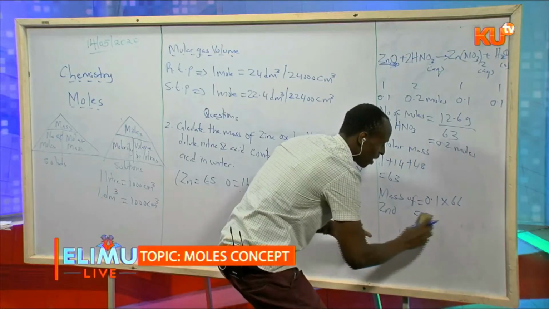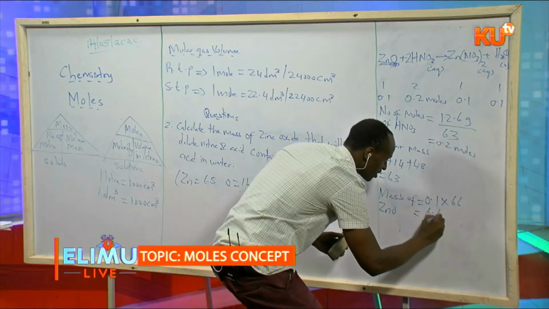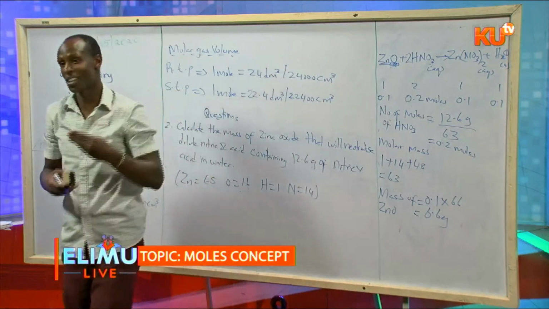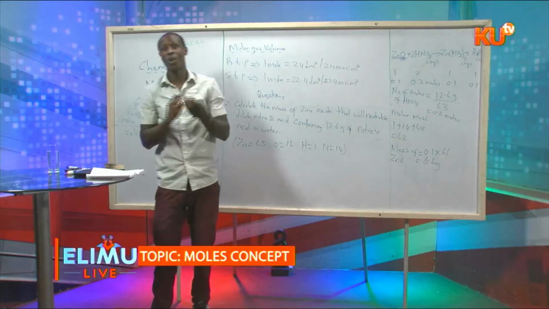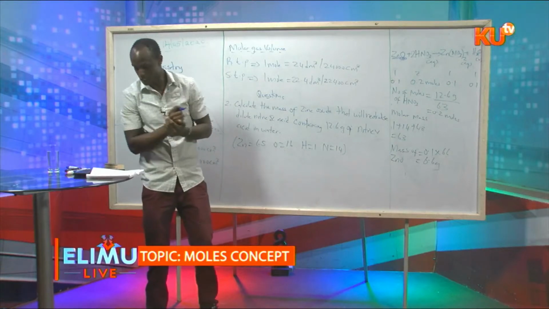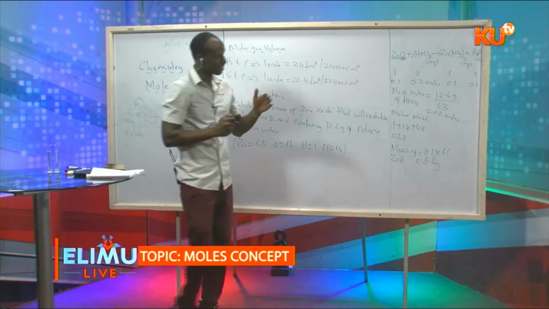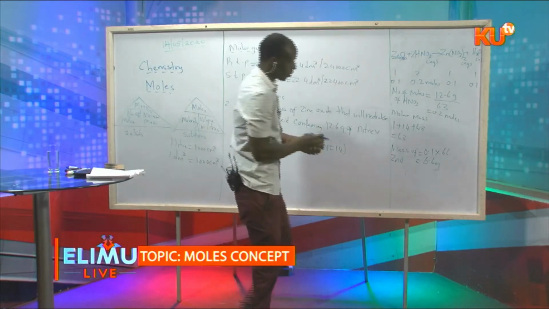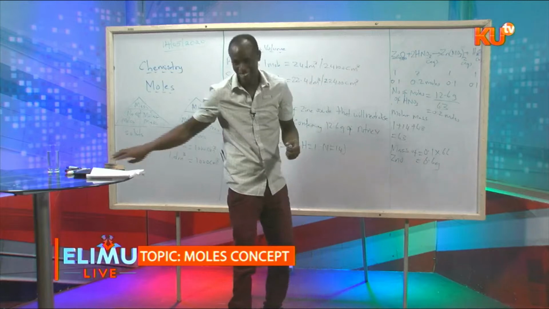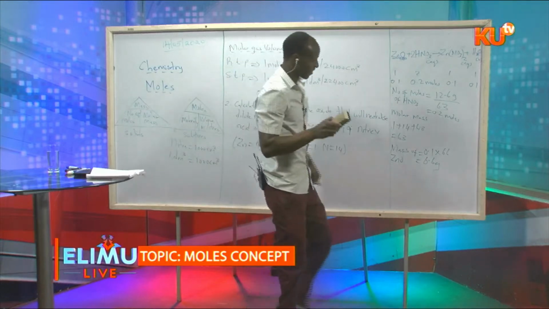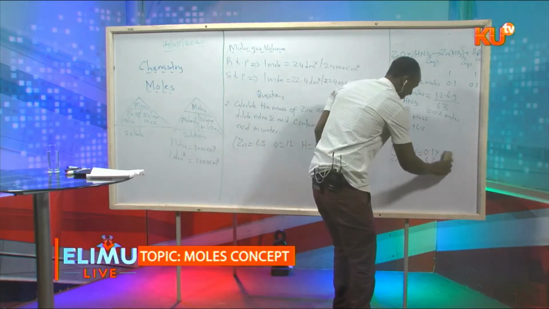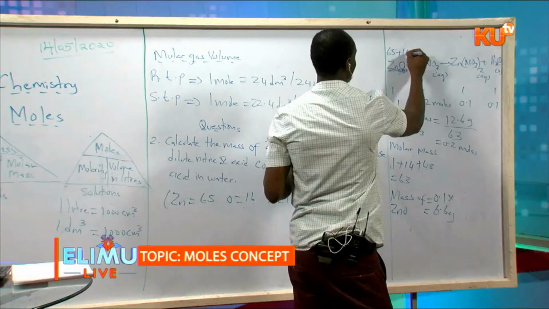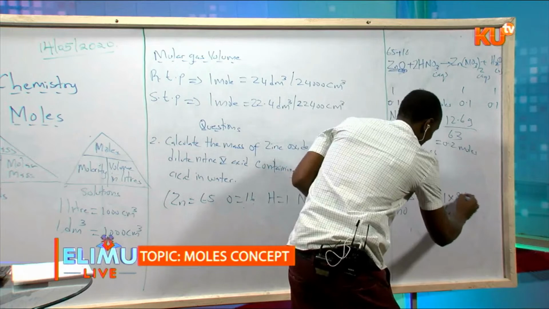66, not 81, to give you 6.6 grams. That's why it's always good to go through your working. At least you'll be able to notice where you went wrong and correct it so that you don't lose the marks. So because it's zinc oxide, you do 65. I was correct, sorry. 65 plus 16 gives you 81.